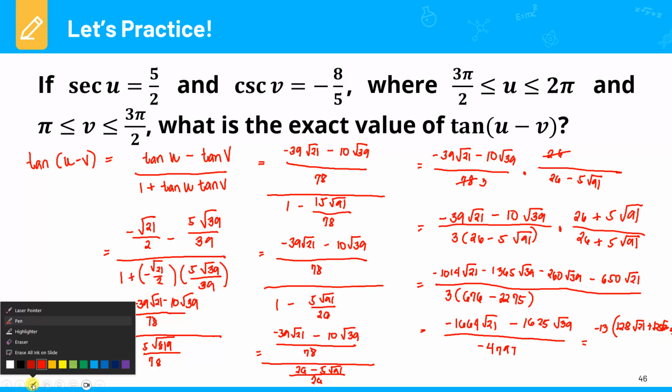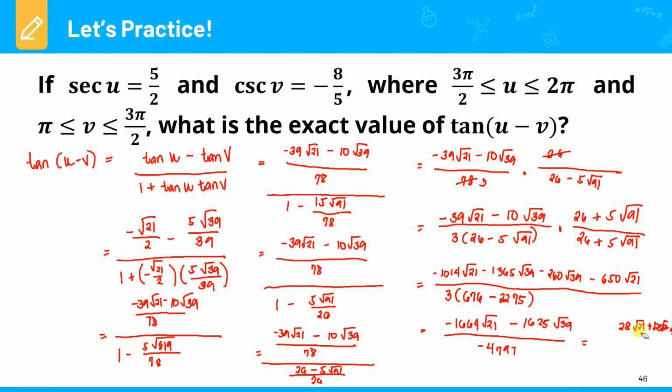Let me rewrite that one. So you have negative 13 times 128 square root of 21 plus 1,625 divided by 13, that's equal to 125 square root of 39, all over negative 13 times 4,797 divided by 13, that's equal to 369.